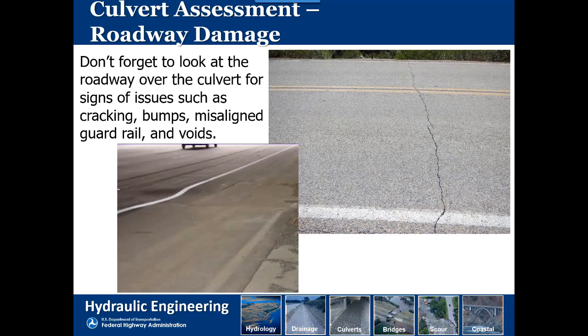So in that case, there's been some settlement, and if you see that and if you have time, you may want to say, well, do I have any problems within the culvert itself? If it's just a backfill settling a little bit, there's not a lot you can do except for maybe paving over that. But you want to take a look to make sure that there isn't a culvert issue that is contributing to this problem.